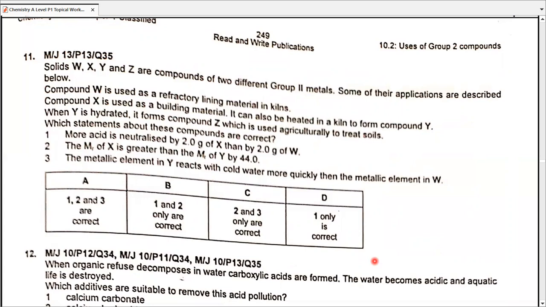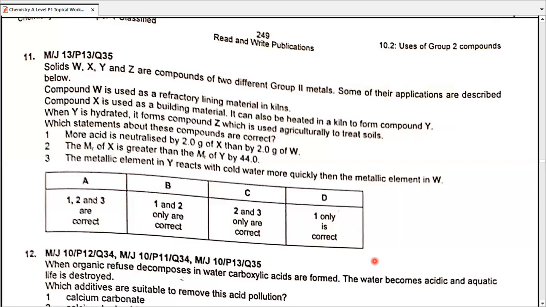Okay, compound W is used as a refractory. Calcium carbonate. Compound X is used as a building material. So this is magnesium oxide. It can also be heated to form compound Y. When it is hydrated, it forms Z, which is used agriculturally to treat soils. Which statements about these compounds are correct?